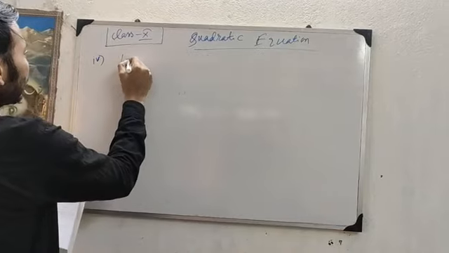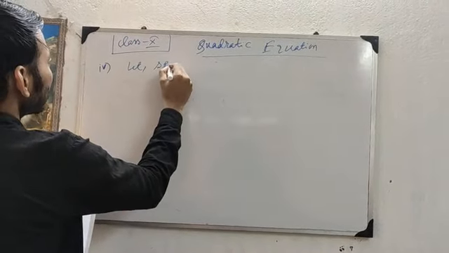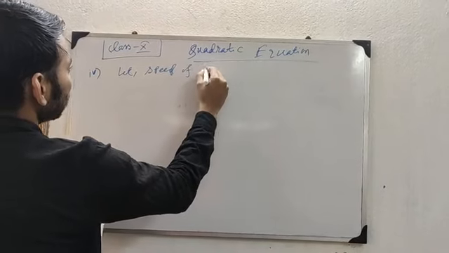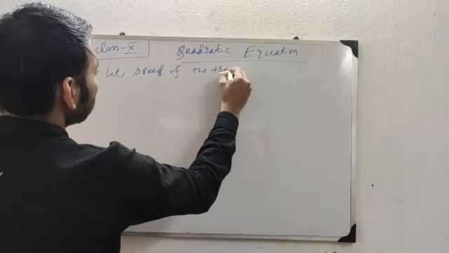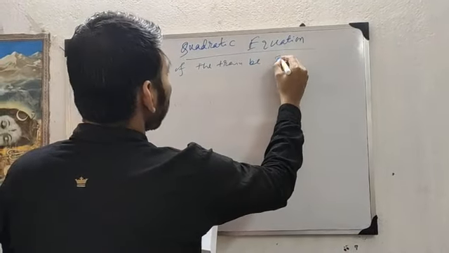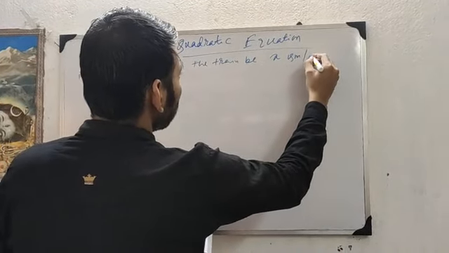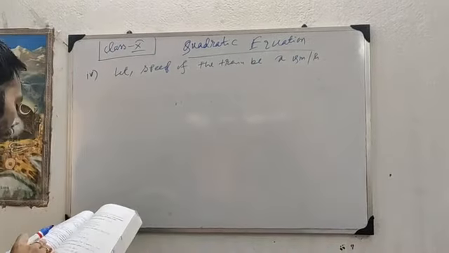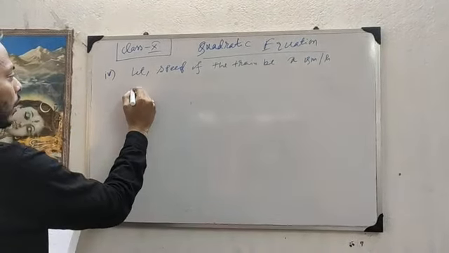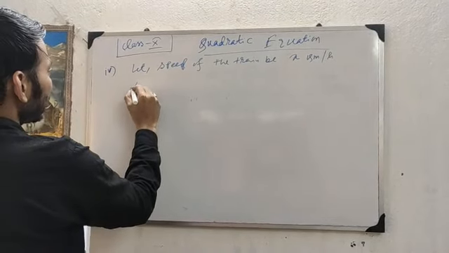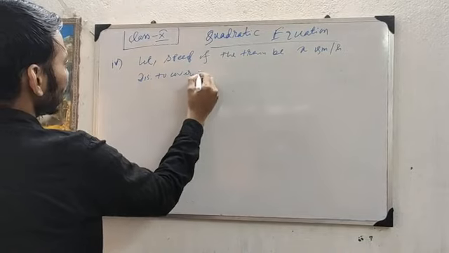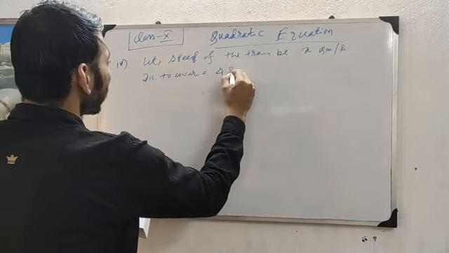So let the speed of the train be x km per hour.